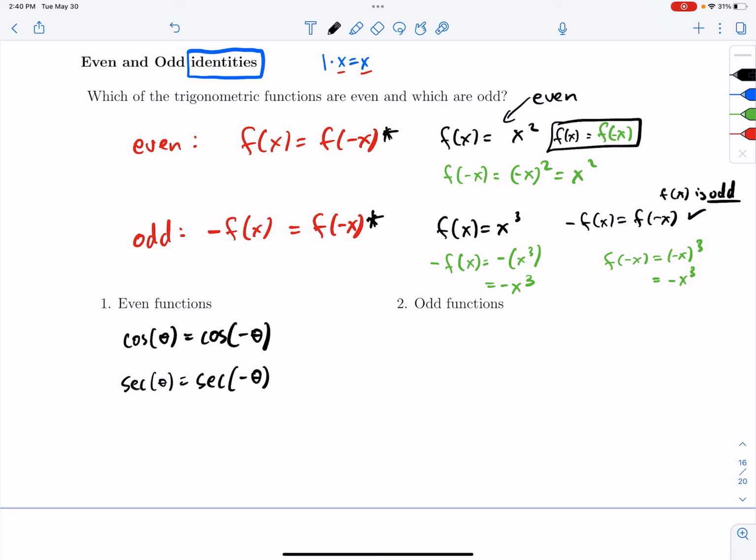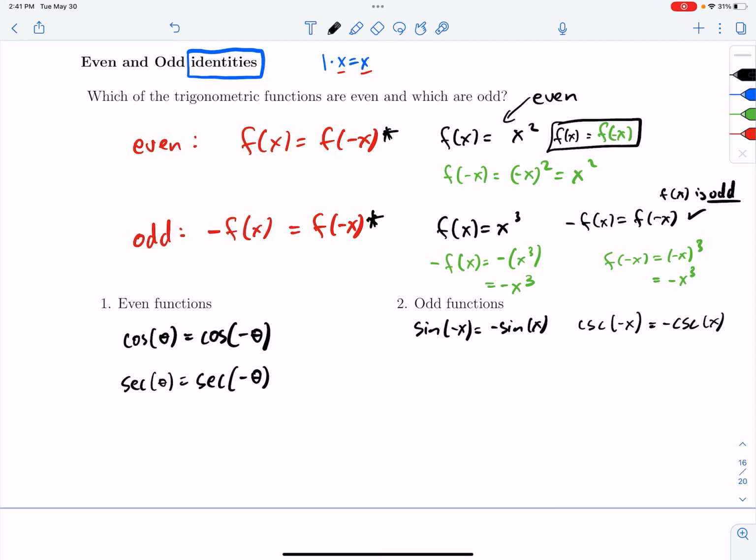The odd functions are the other 4 functions. So sine of negative x is equal to negative sine of x. And again, I can use x, I can use theta. It doesn't matter. We just know that theta or x or whatever I input into a trig function represents an angle.